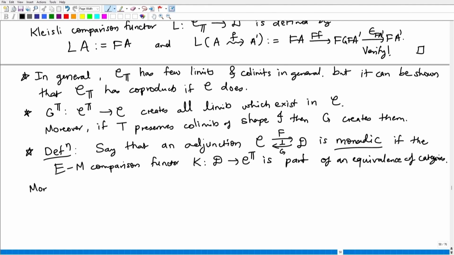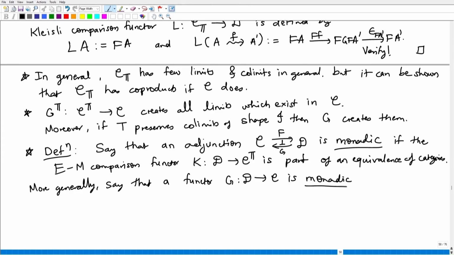More generally, say that a functor G from D to C is monadic if it has a left adjoint F from C to D such that the adjunction is monadic.